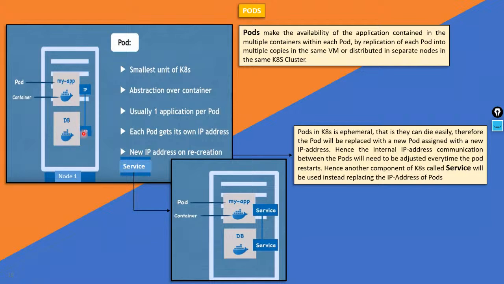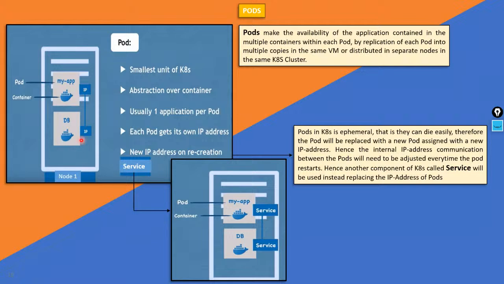So which one is better, a container without a pod or a container having a pod? Because the microservices have to communicate. Let's say this is the login application and this is the login database. Both of them have to talk to each other. How will they communicate? They will communicate over the IP.